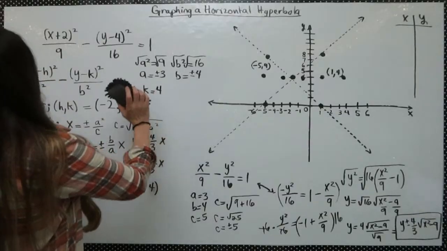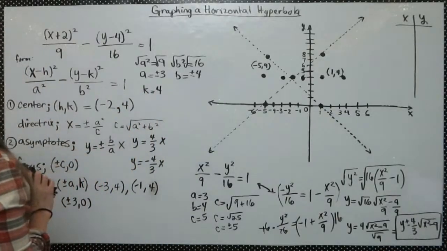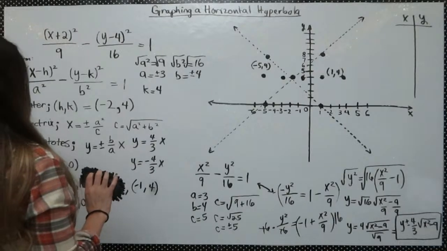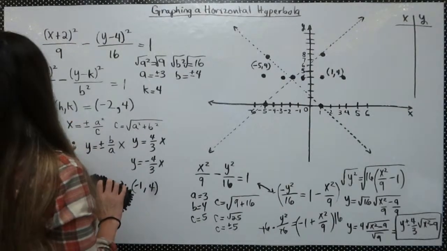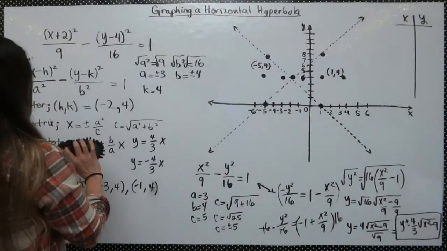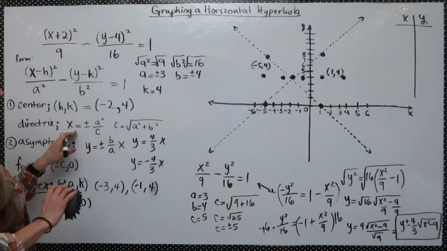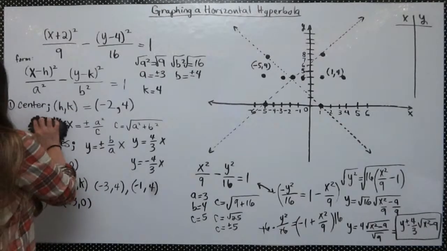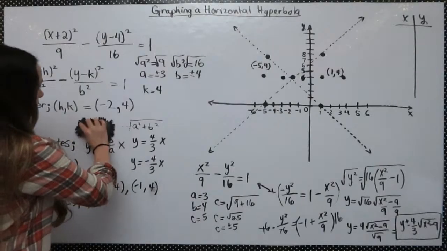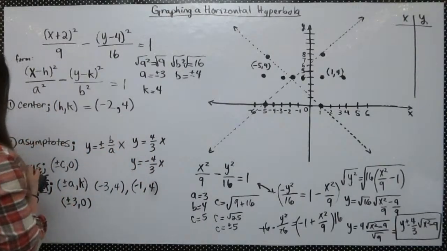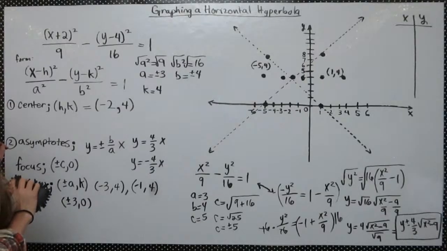So what I'm going to do is erase. My center, I'm not going to worry about the directrix right now because it's just a vertical line that's used to calculate eccentricity and prove whether it's a hyperbola. So we don't need to worry about that.